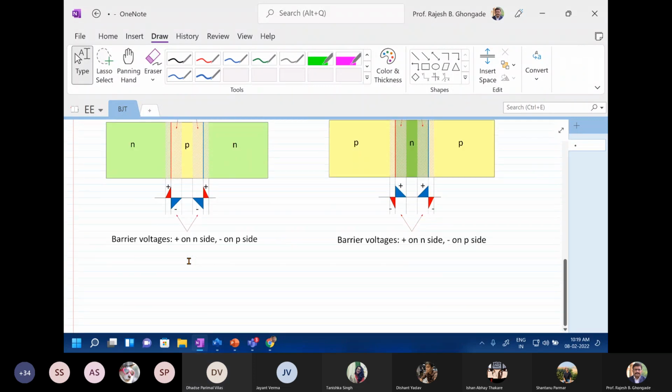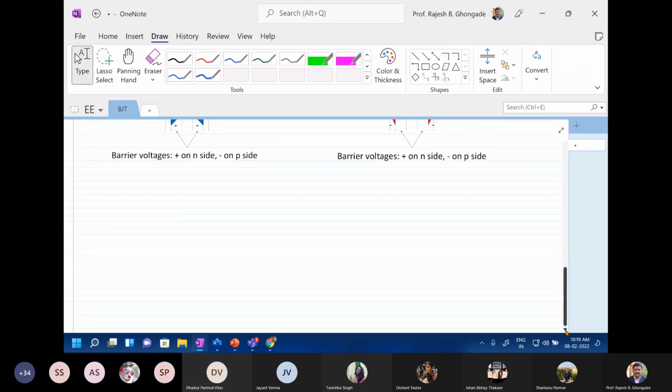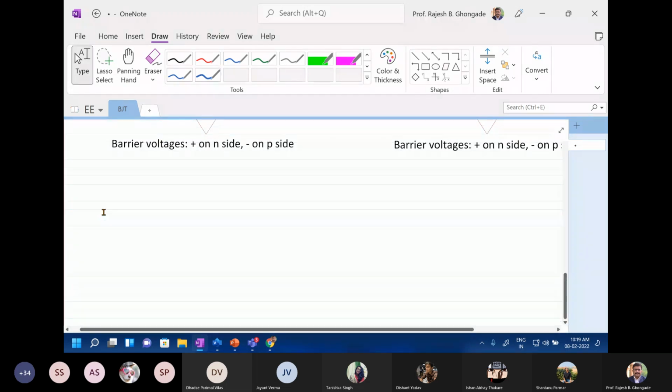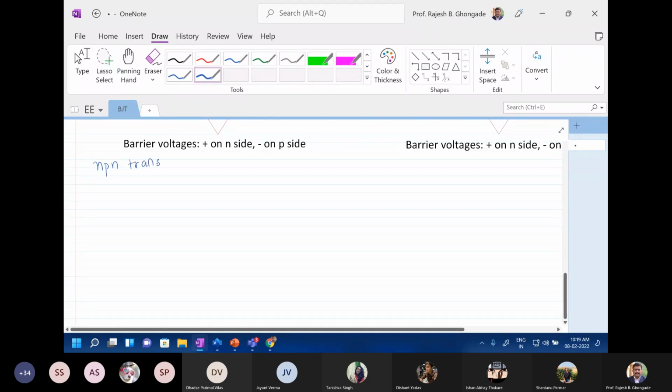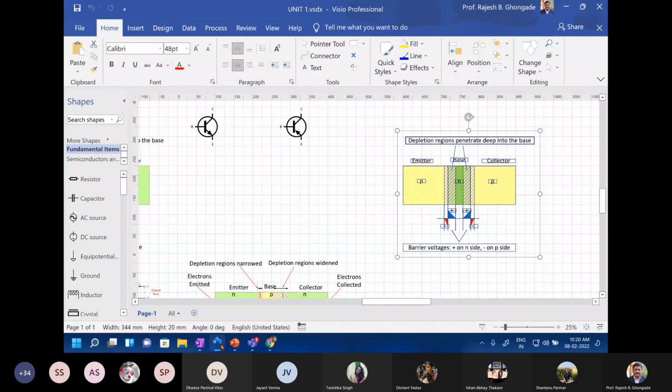Yes, sir. Okay. Next point is we'll be directly going to see the NPN transistor now. So that will actually start with how an NPN transistor really works. Another important thing that you have to understand here is that I am going to apply an external voltage now.